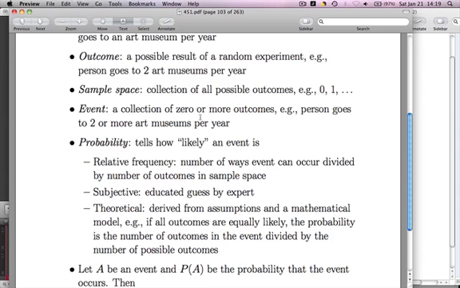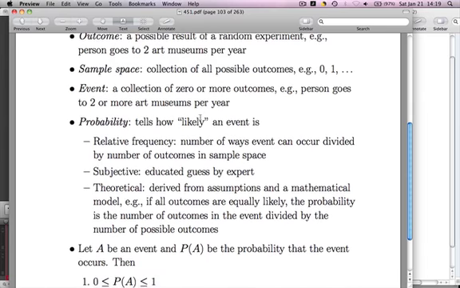So let's take a very simple situation like rolling a die, and I'm going to make the assumption that every side of that die is equally likely to come up. If I make that assumption, that implies that the probability that I get a 3, for example, is 1/6. So the point is we have some assumptions, and these assumptions imply some probabilities. It's not an empirical thing, it's not a subjective thing, it's based on some mathematical model.